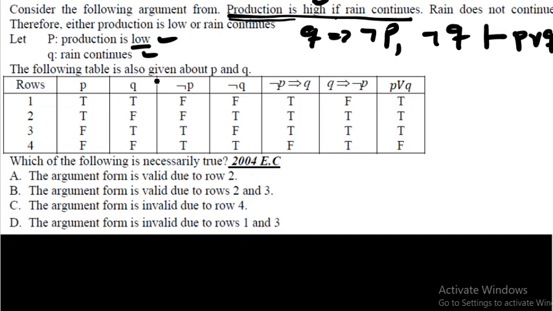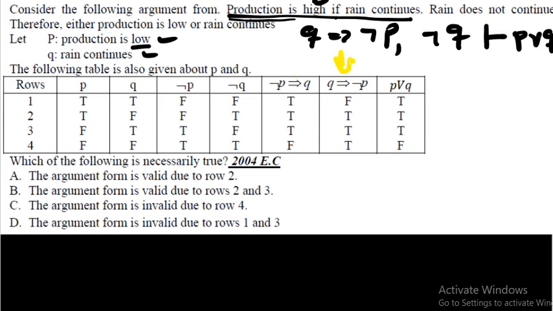The following table is also given about P and Q, and which one of the following is necessarily true. So to say whether this logical argument is valid or invalid, we have to check that whenever the premises are true, the conclusion has to be true. So where are the premises true? Q implies negation P. Where is it?